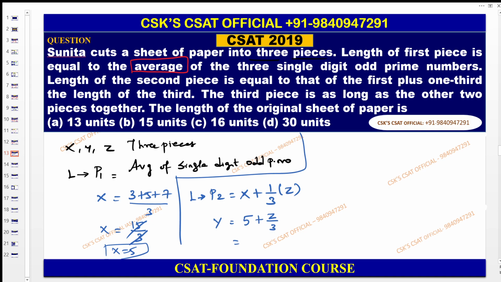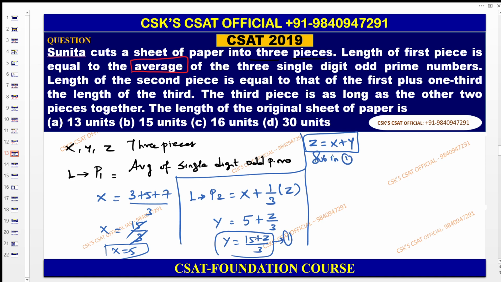Cross multiply this one: 15 plus z by 3. You can take this as y. Further you can read it. The third piece z is as long as the other two pieces together, so z equals x plus y.